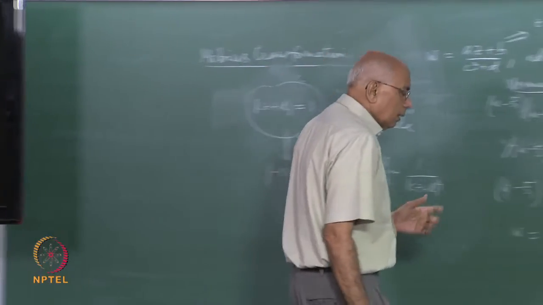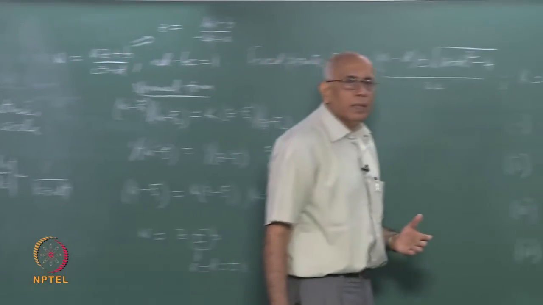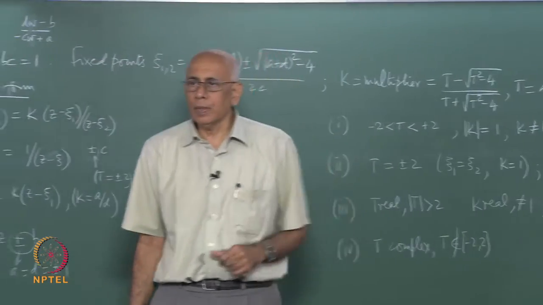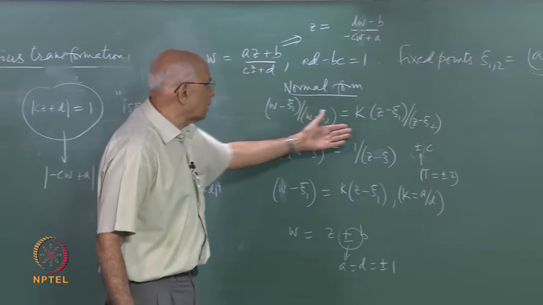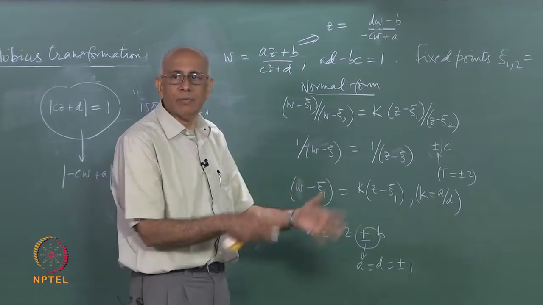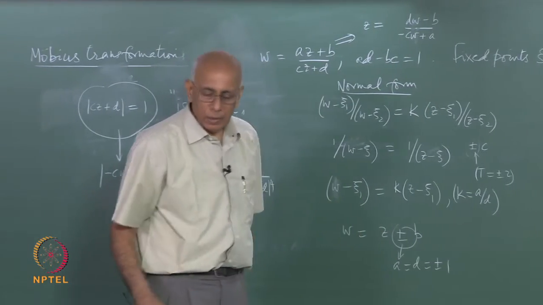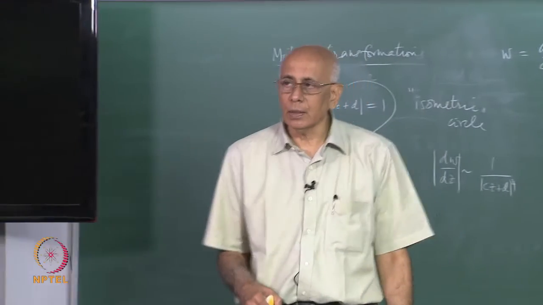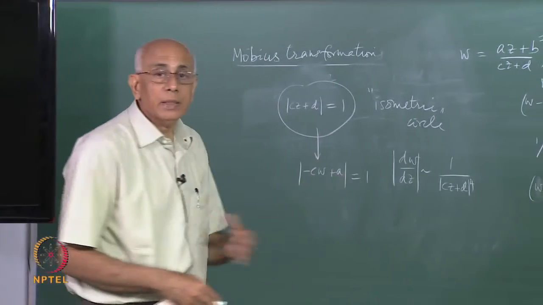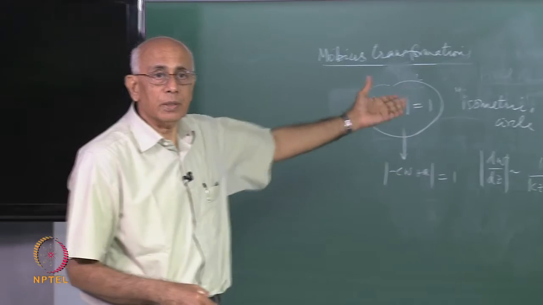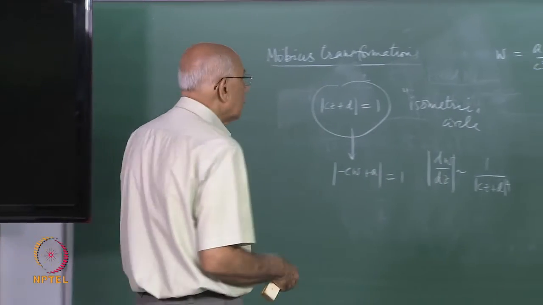Now the next thing we said was that these transformations form a group, and that is very easy to see once you have the normal form, because it is clear iteration just keeps multiplying this and you still have again more and more Möbius transformations. Once again the composition of any two is again a Möbius transformation. Every transformation has an inverse, they are all invertible because the determinant is equal to 1 and so on.